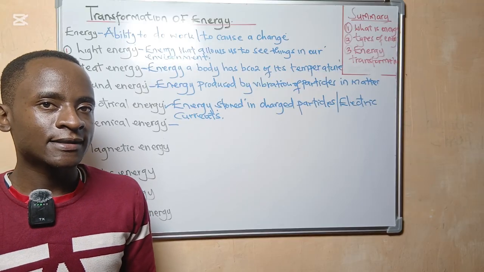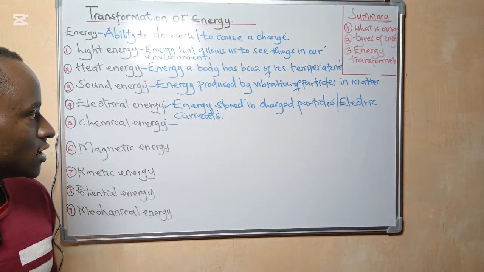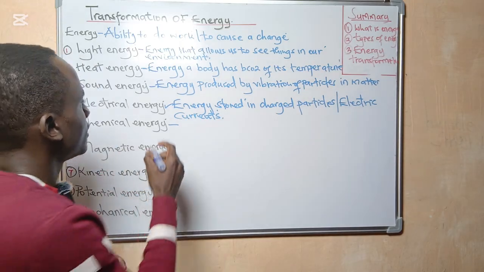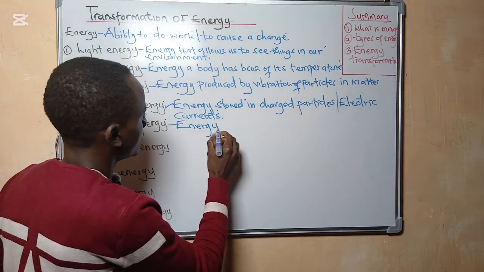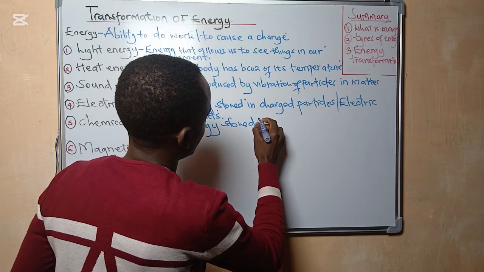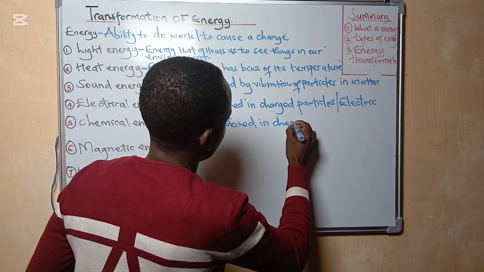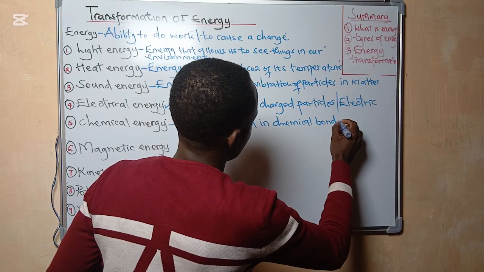Now, how do we understand chemical energy? This is a form of energy stored in chemical bonds.